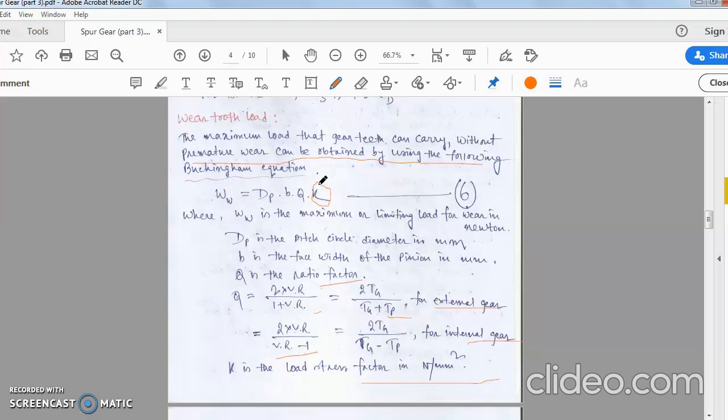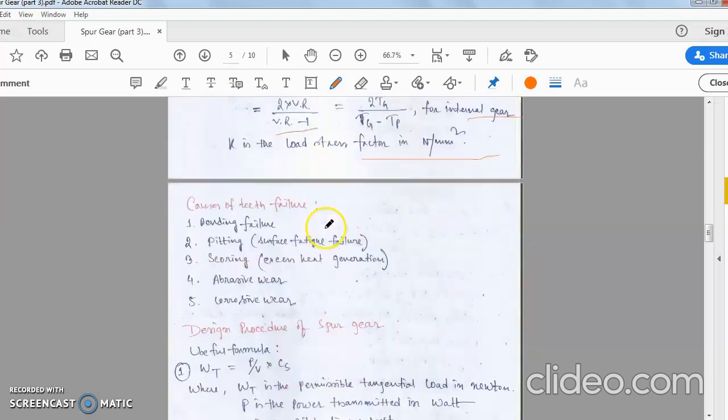In your textbook or on the internet, you can find the value of K or other factors. So you should have a proper idea of the range of this particular data. If the data is not given in your numerical question, you can assume the data based on this particular range.